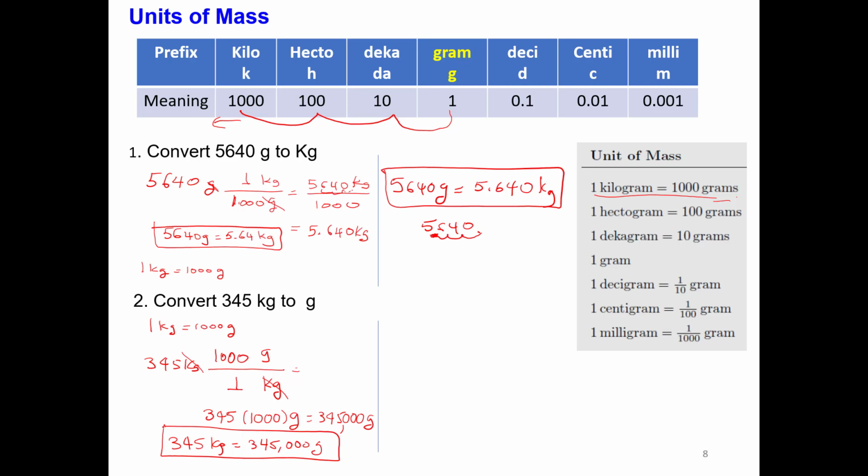And let's now use the chart. We need 345 kilograms, then kilograms to grams. Yes, kilograms to grams.